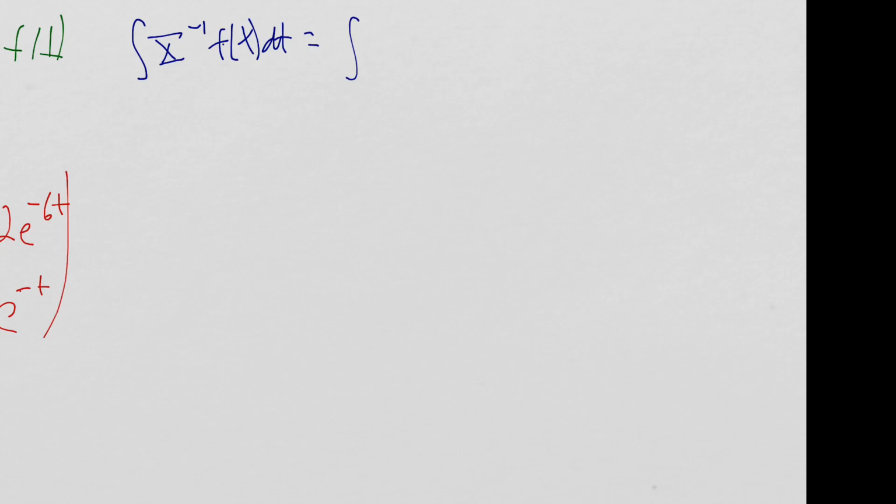It is the integral of 4 over 5, sorry, I thought I was going to have to copy more complicated stuff down, but 4 over 5 times 3 and then e to the 5t, which gives me 4 over 5 stays there.